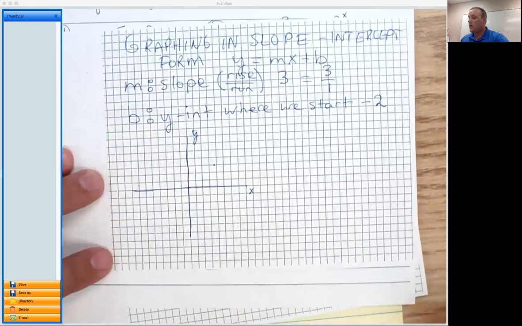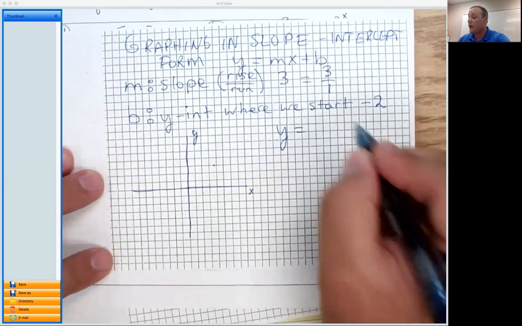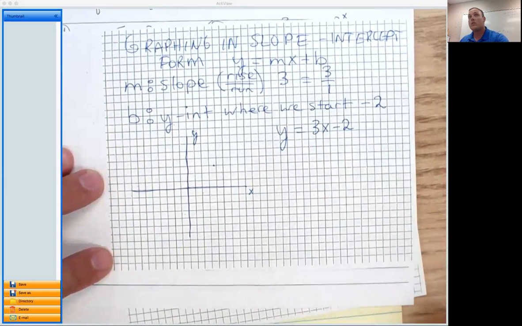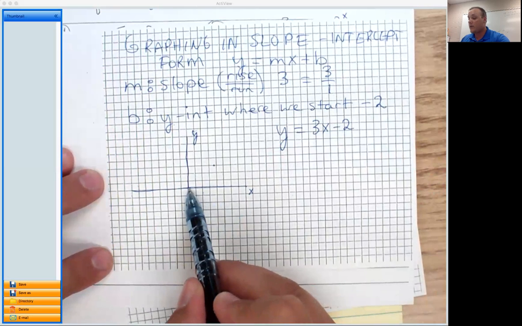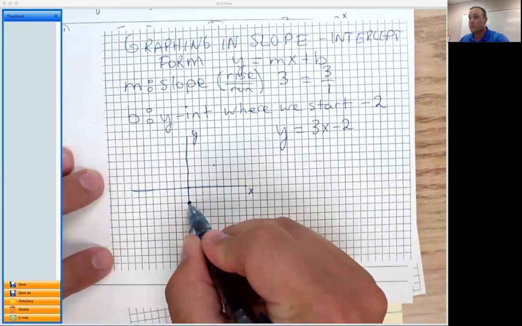All right, so if I gave this equation, like I gave an example of y equals 3x minus 2, where would I start? -2. From where? Do I go left? No. I go down 2. There's my point. There's my starting point.